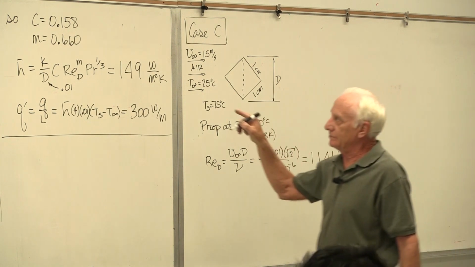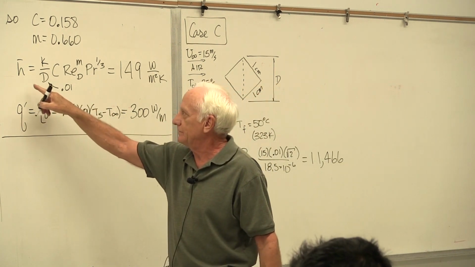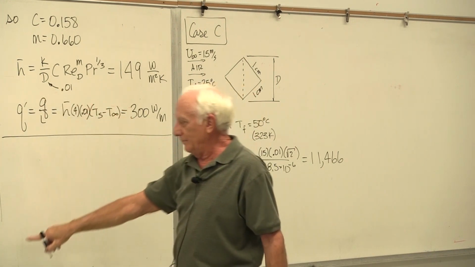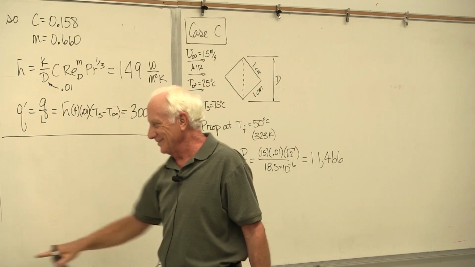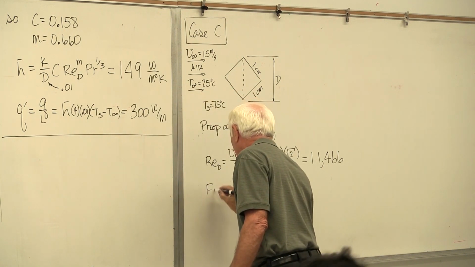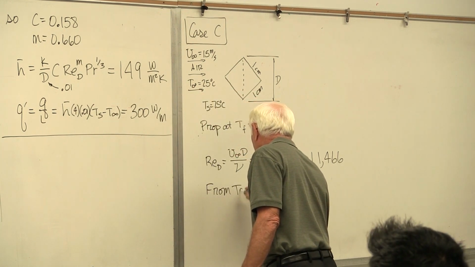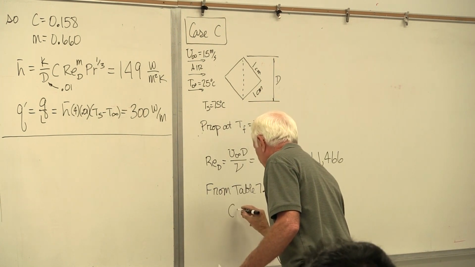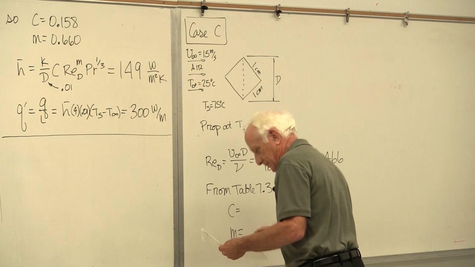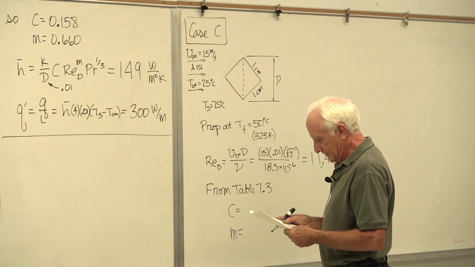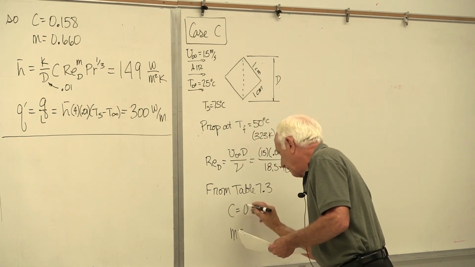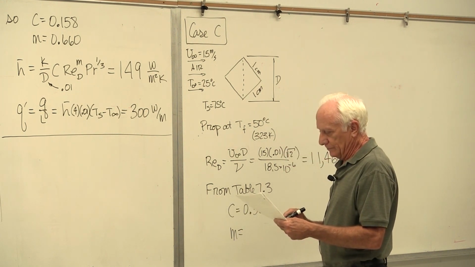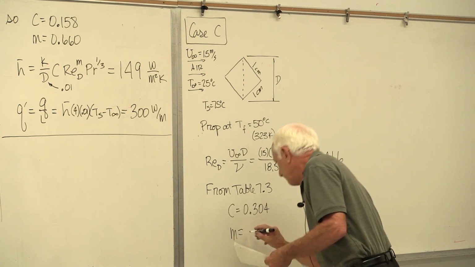Again, we're using non-circular tubes. Again, we use the Hilbert equation. Again, we use table 7.3. So from table 7.3, C equals 0.304 and M is equal to 0.590.